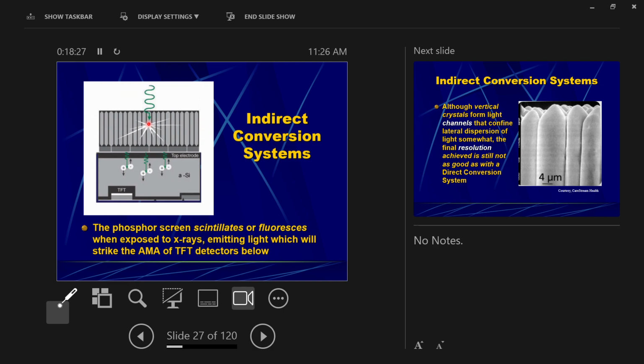That spreading effect decreases the spatial resolution. It loses us some detail in indirect conversion. So indirect conversion has poorer spatial resolution than direct conversion.